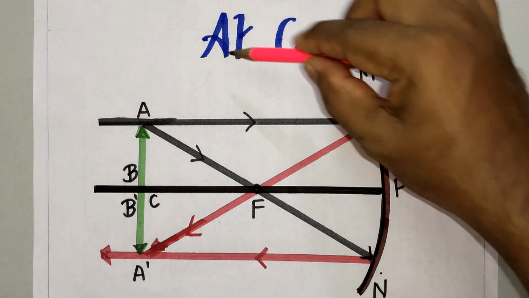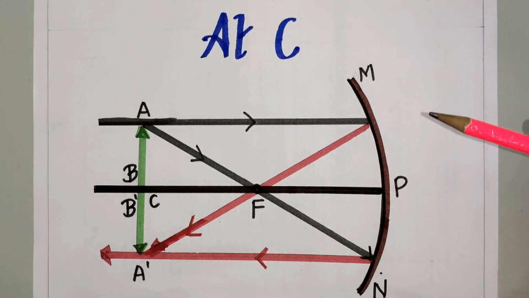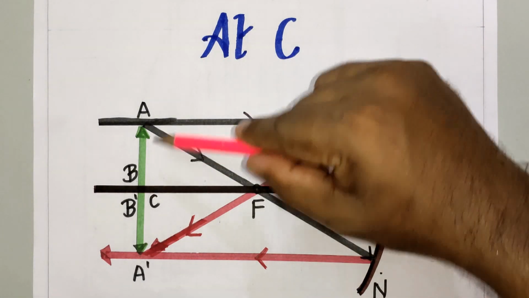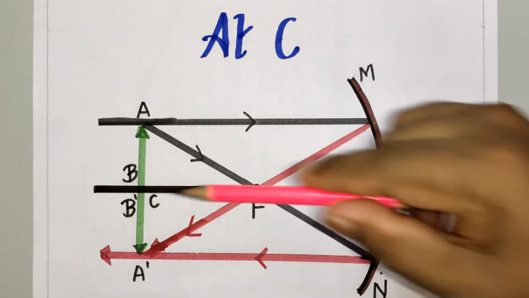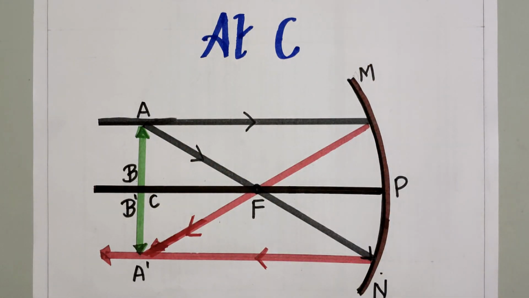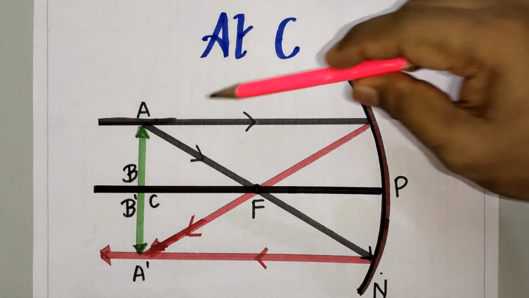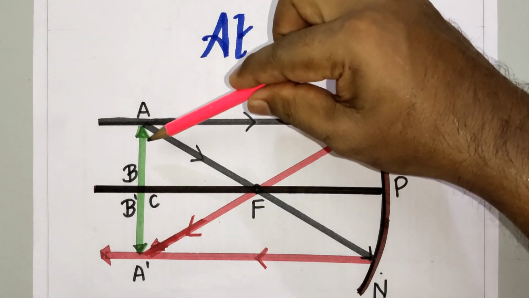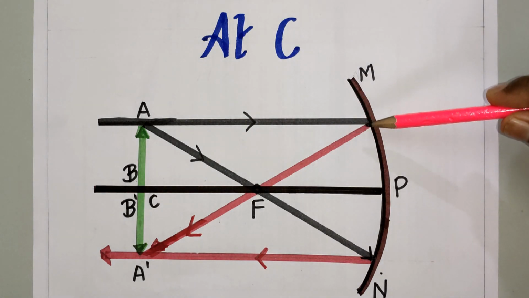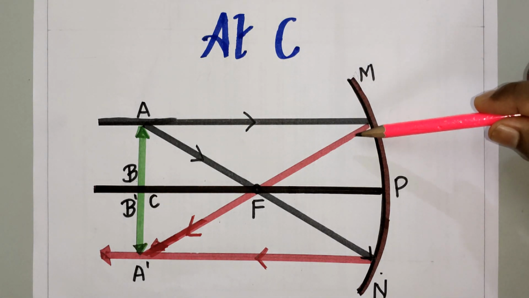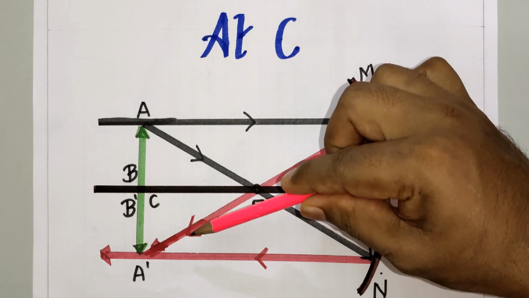Third position, at C. When we place the object at C, then we will get the image at C only. How? From the 4 rules, we may take any 2 rules. According to rule 1, if the light rays from the object travel parallel to the principal axis, then they will reflect through focus.